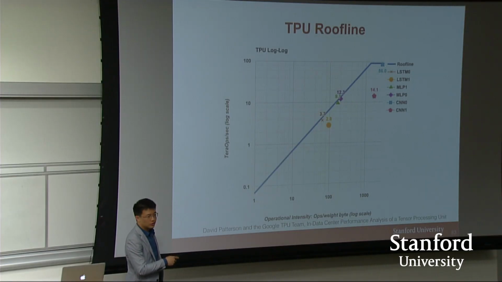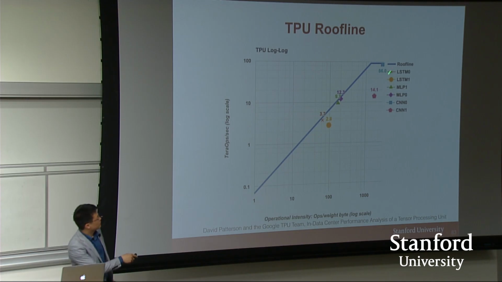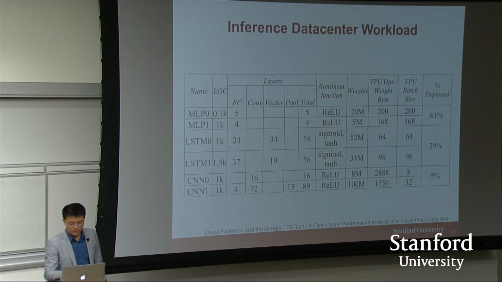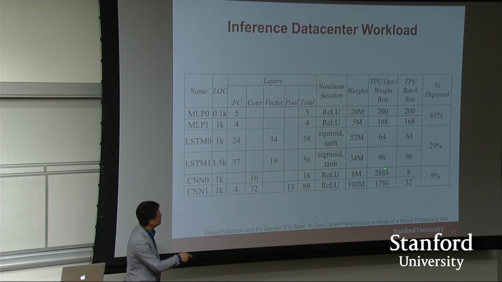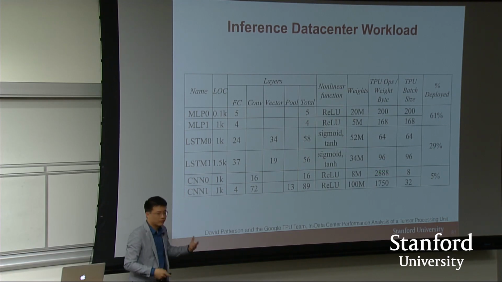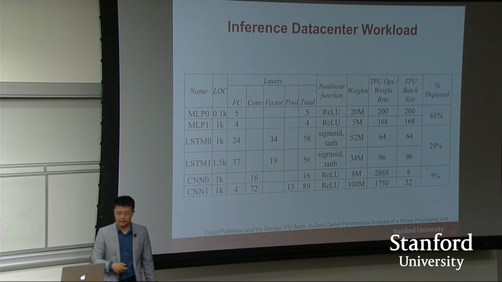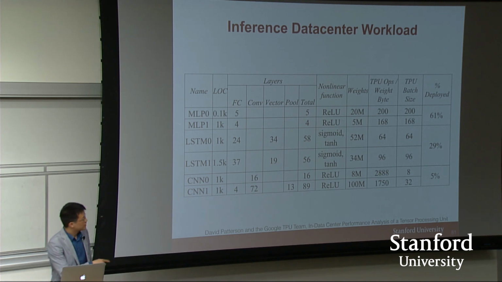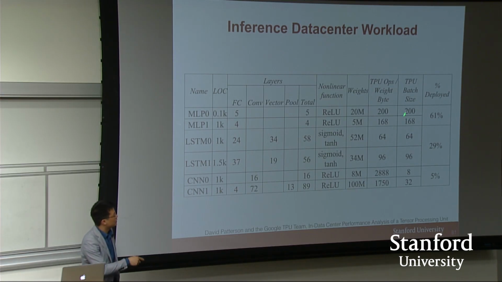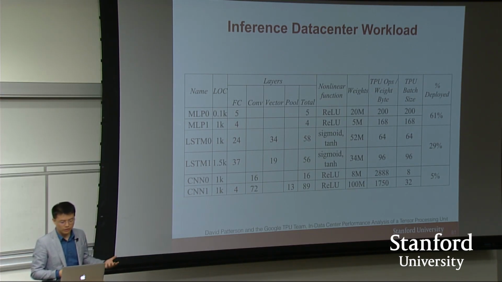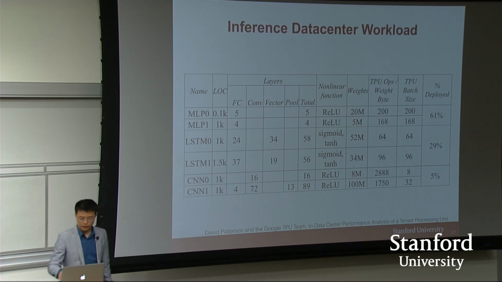For those convolution neural nets, for example this blue one that achieved 86, which is CNN0, the ratio between the ops and the memory is the highest, right? It's pretty high, more than 2,000, compared with the multi-layer perceptron or long short-term memory, where the ratio is pretty low.